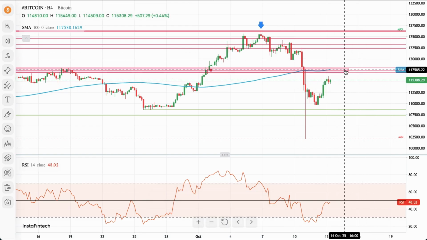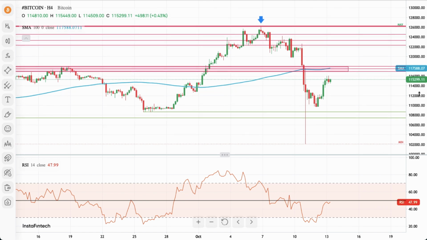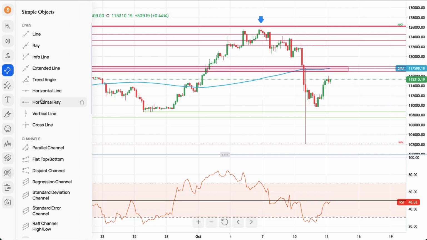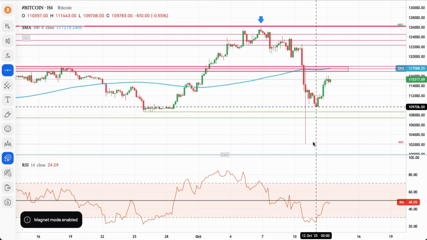And this zone here, we know this zone very well, will be acting as the technical resistance.